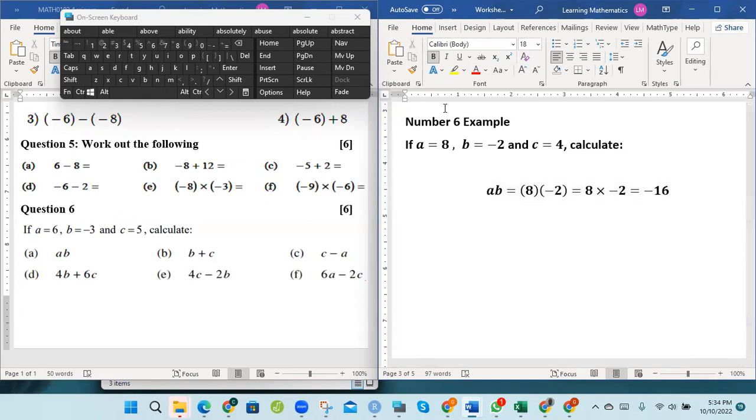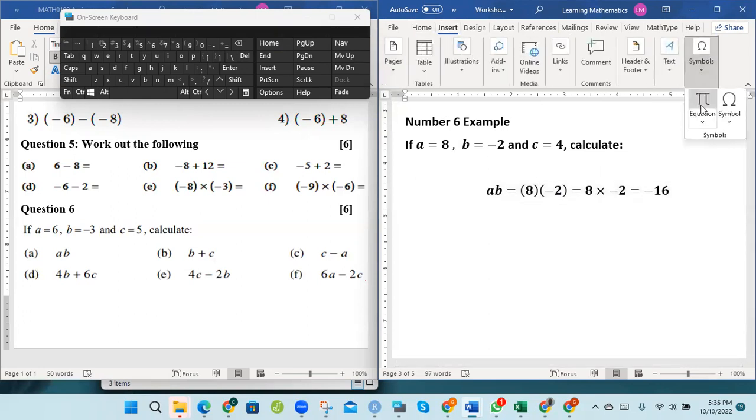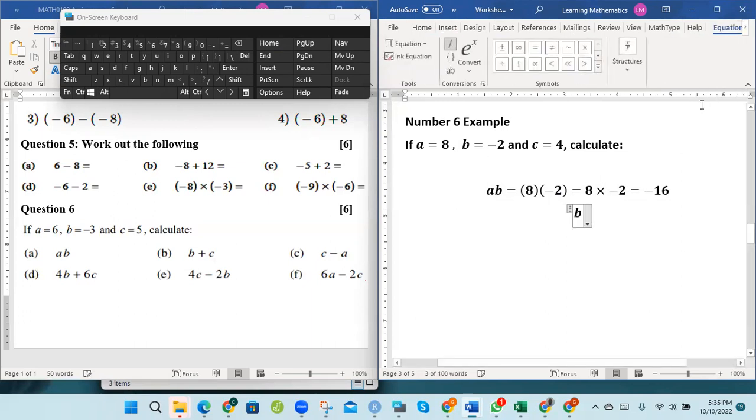B plus C. Bracket plus another bracket. And what is B? B for us is negative 2. And C for us is 4.